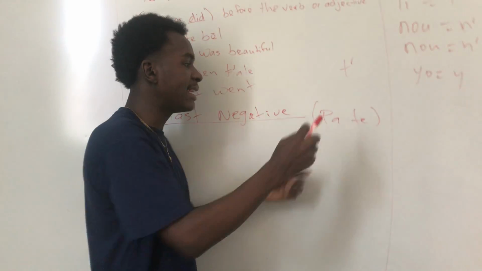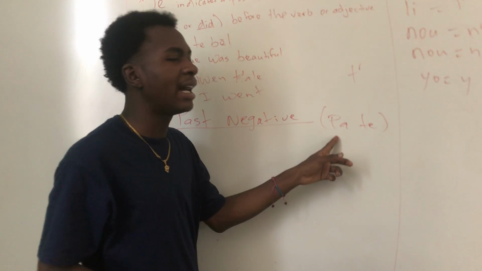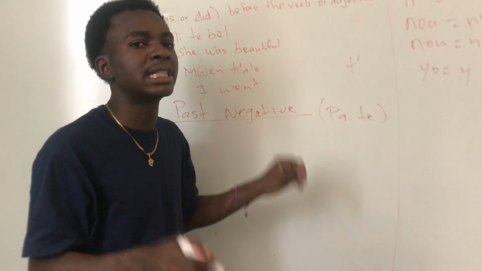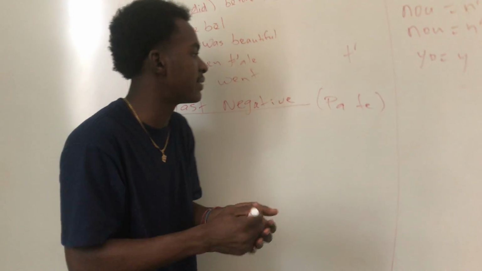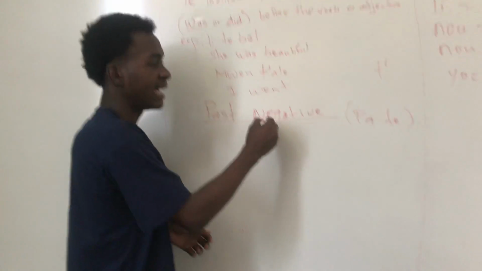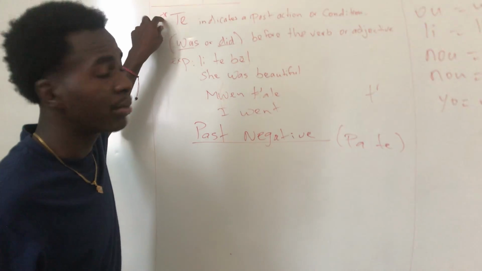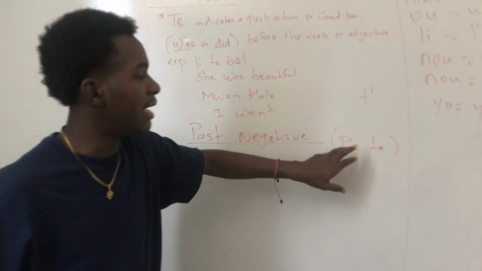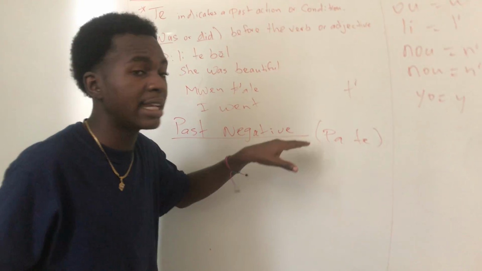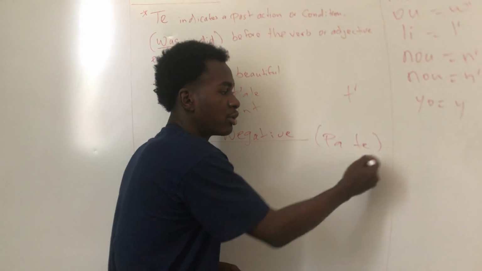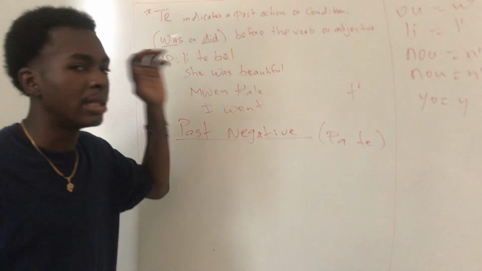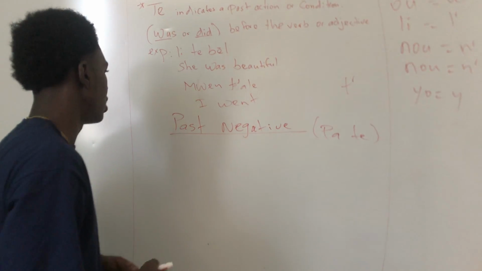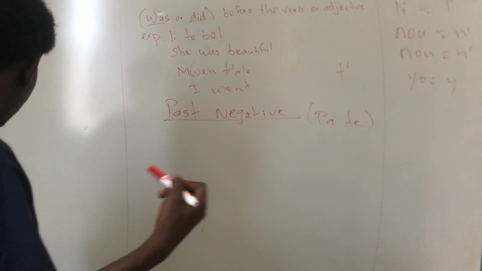So again, I did say that the word pa is in place every time we're speaking of the negatives. So the past negative is just te, which indicates the past, and pa, which indicates the negative. Both of them together mean the past negative.